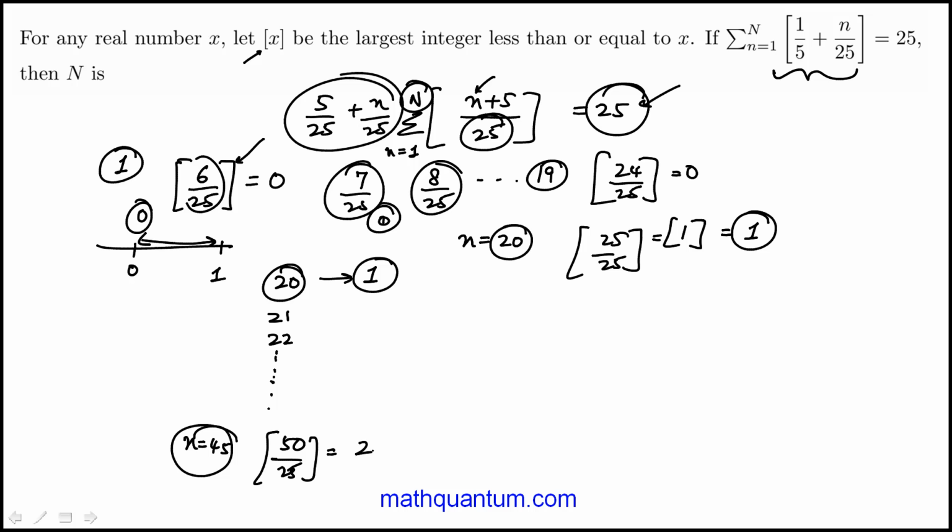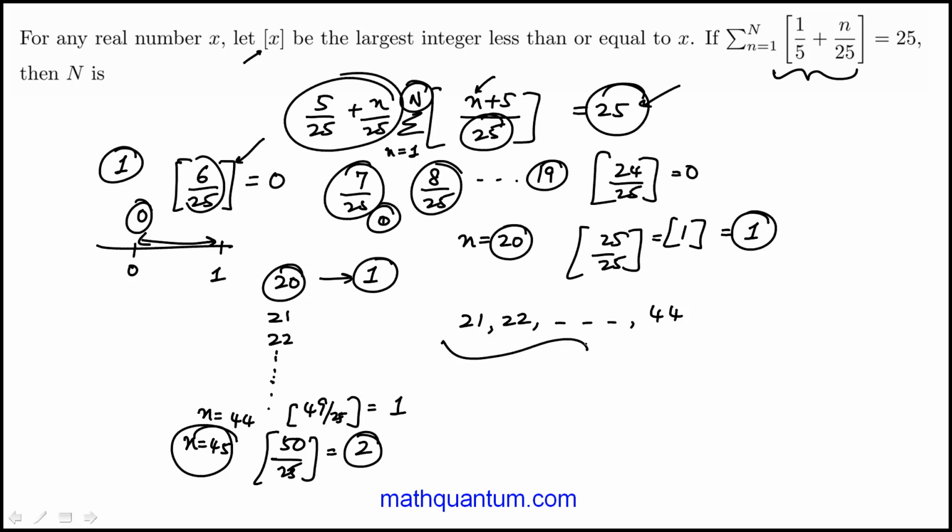So in that case, it would be 2. But before that, n equal to 44, it would still be 1. This quantity, which would be 49 over 25, would be 1. So when we go from 21, 22, up to 44, each one will contribute 1.